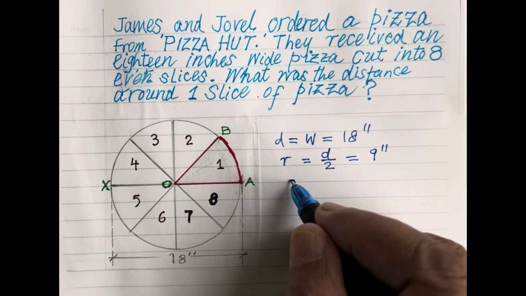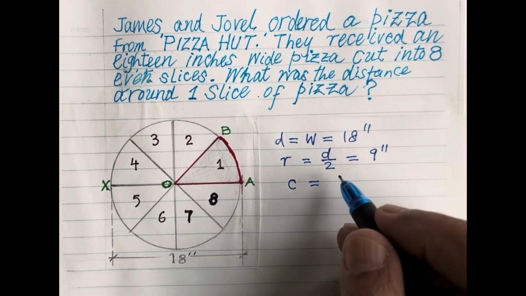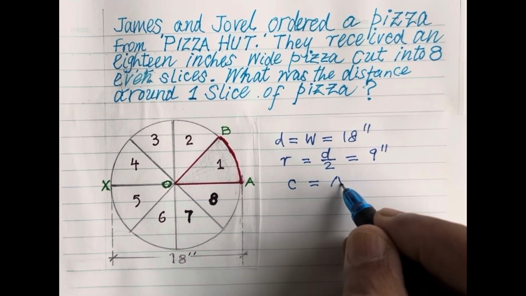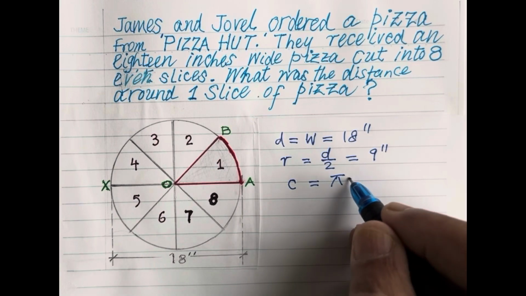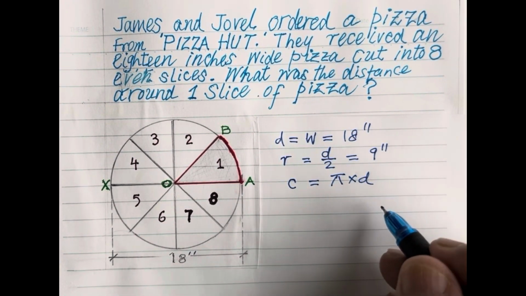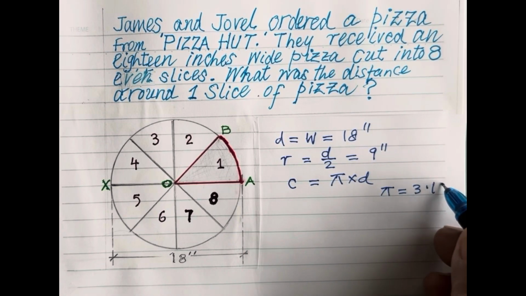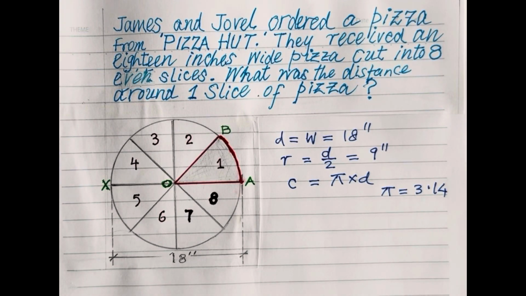And the circumference of the pizza is pi times the diameter. Here we can take pi as 3.14, right?